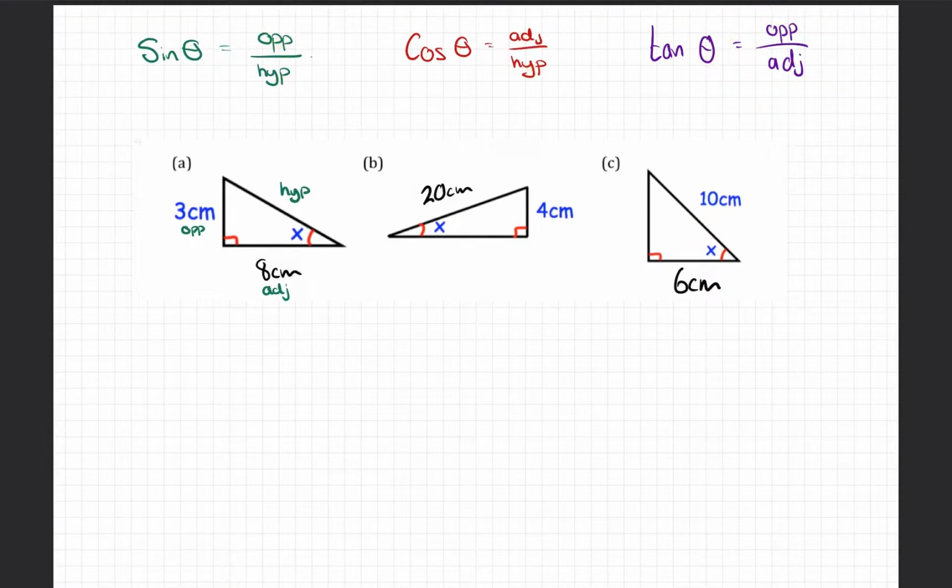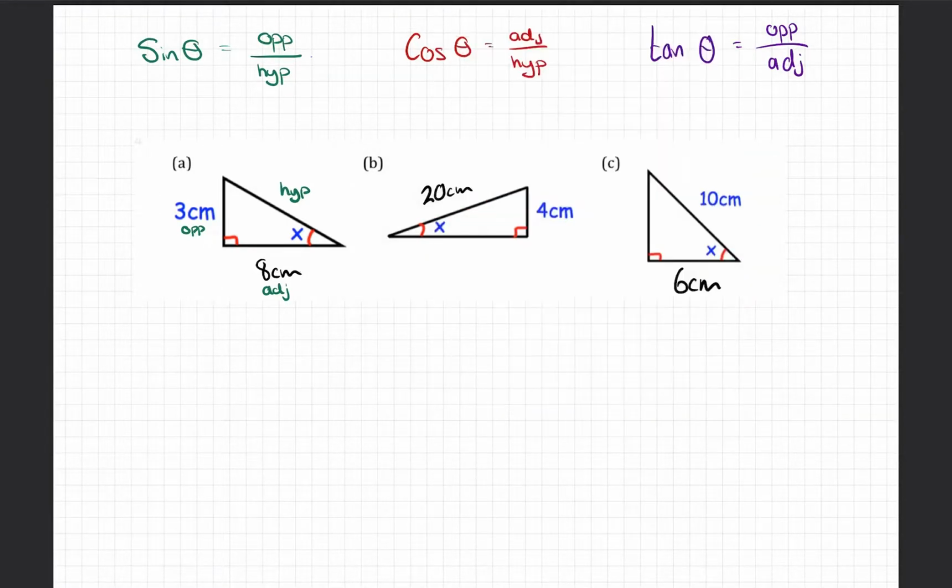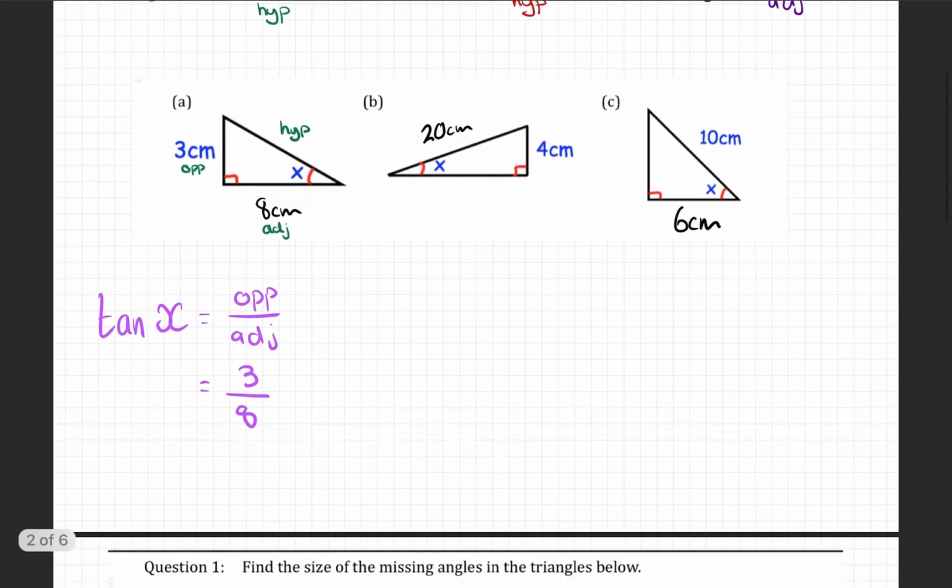So tan of X, but I'm going to change this to purple to represent tan. So tan of our unknown angle, we can call it theta or X, we'll call it X for the sake of matching the triangle, equals opposite over adjacent. Well, we know the opposite is 3, and the adjacent is 8, so 3/8.